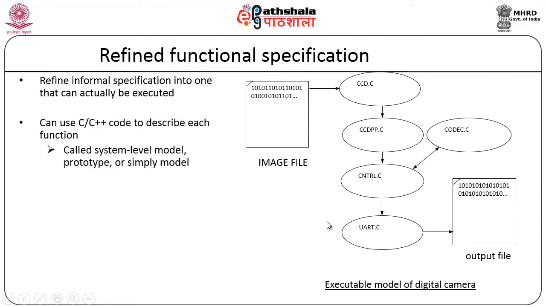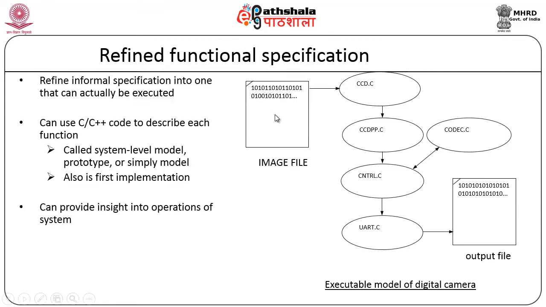So, this is the refined functional specification, which tells you what all the codes are that will be used to provide all those things. This is an image with pixel values 0, 1, 0, 1, 1, 0. It is sent to your CCD processing module, then to the CCD pre-processing module, then to control, where it does all your compression.